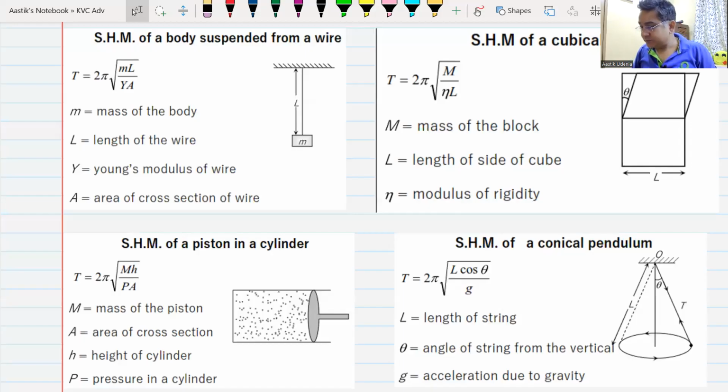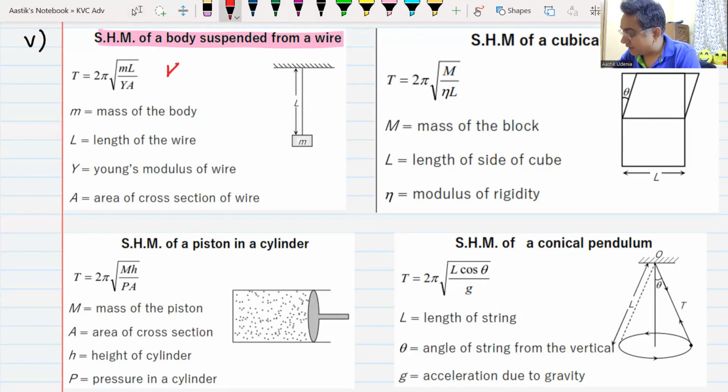Then we come to these cases. This is case number 5. Now this is the case of SHM of a body suspended from a wire. The body suspended from an elastic wire is the same as a body suspended from a spring. It is the same as 2 pi root over m by k.